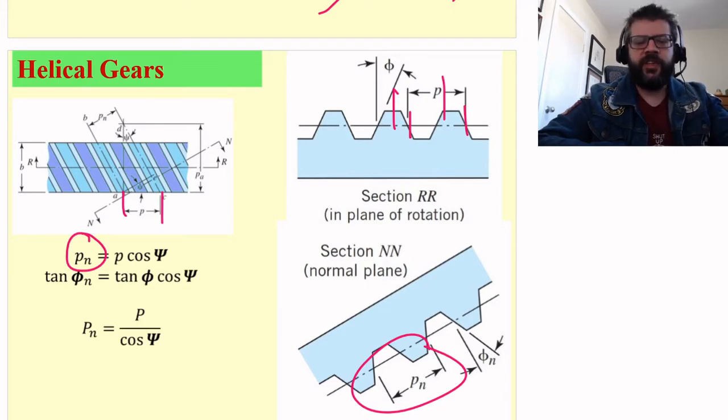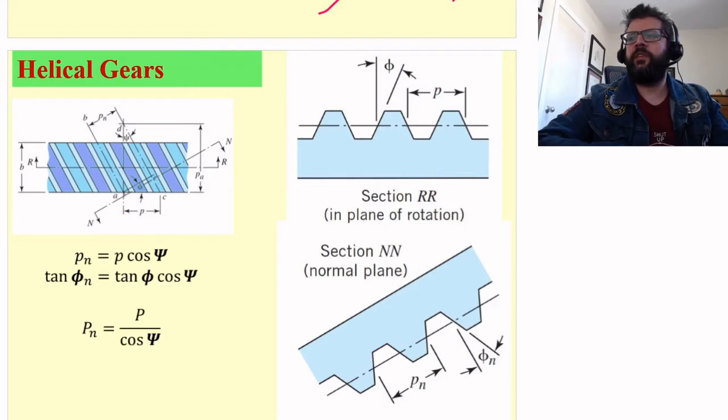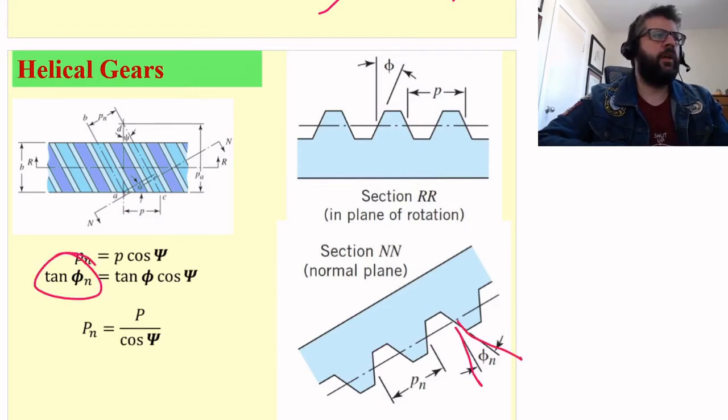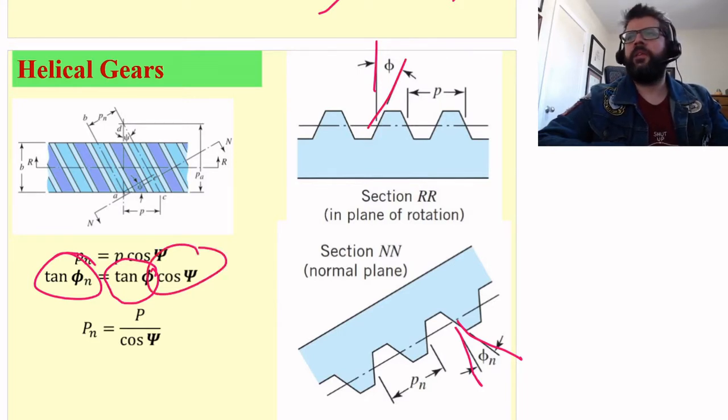And then relating the angles in question, the tangent of this pressure angle here is going to be equal to the tangent of this pressure angle times the cosine of the helix angle.